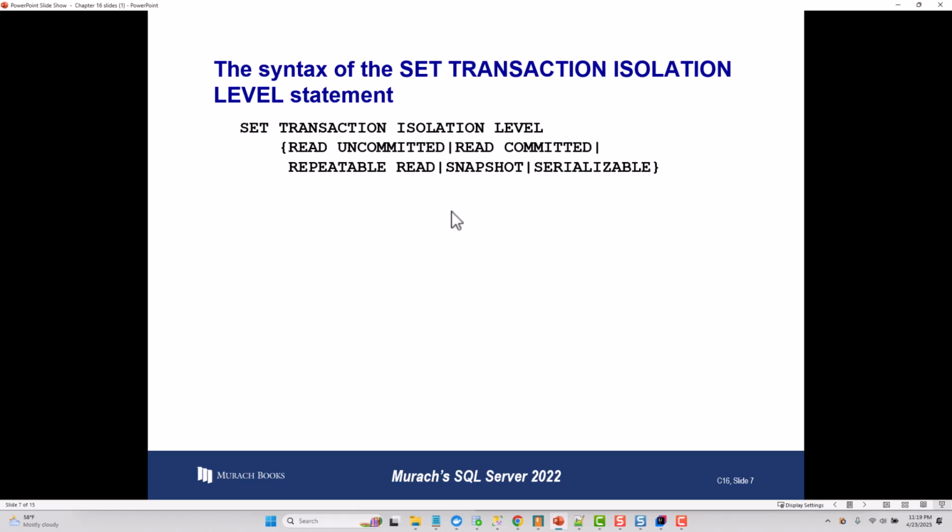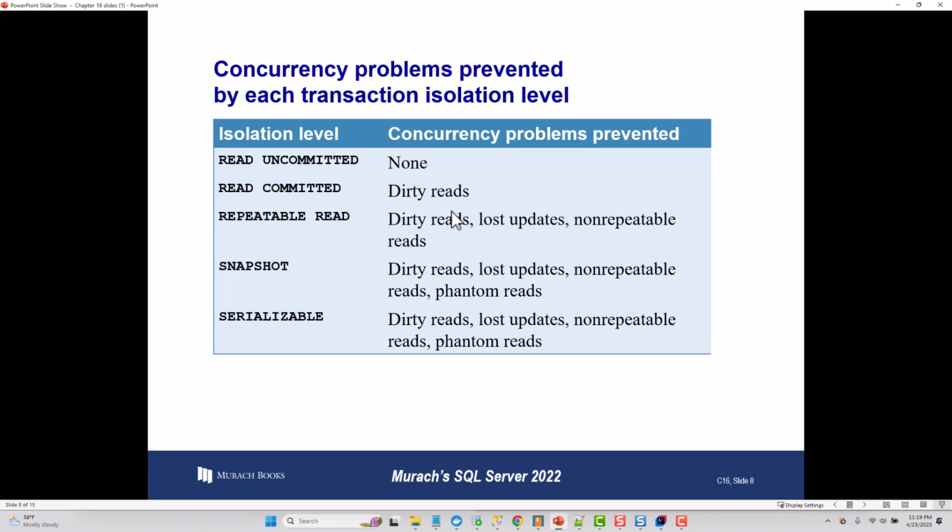Then if we go ahead and continue on, we'll set one of the isolation levels when we're going through an example here, trying to do a phantom read and then also a dirty read as well. We have certain ones that can be prevented if we set our isolation level to a certain level.